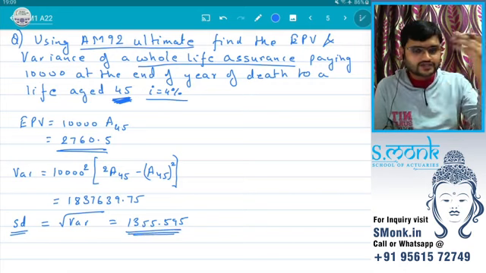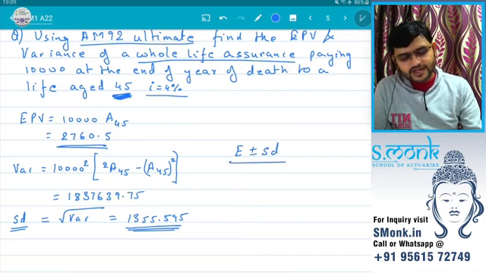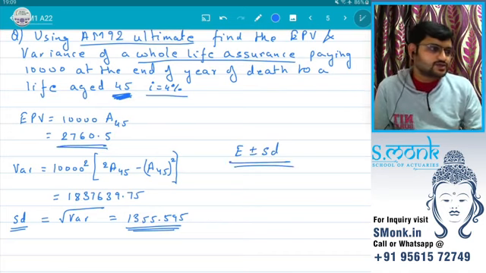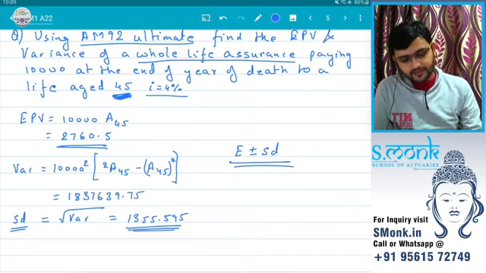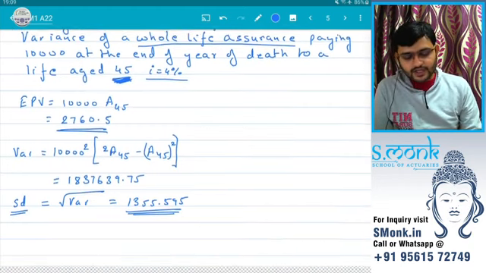So we'll add or subtract. We'll say average value, expected present value, plus or minus the standard deviation. This is our expectation. It can go as high as that much or as low as this much. Okay. So this is why we calculate expected present value as well as variance.